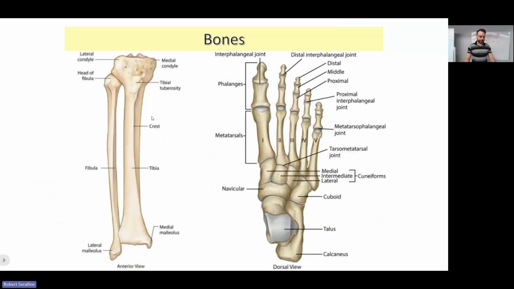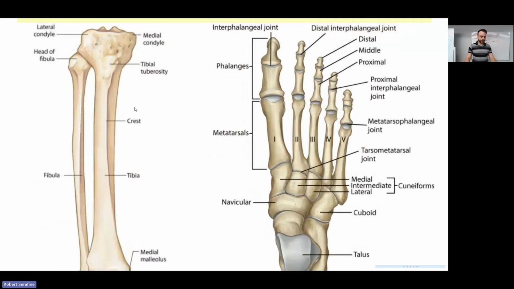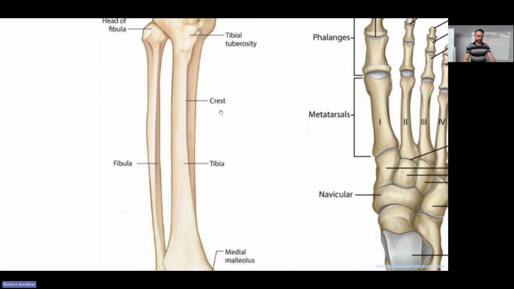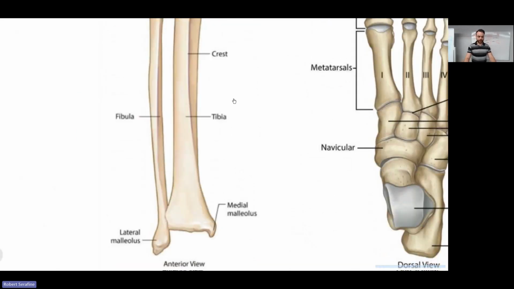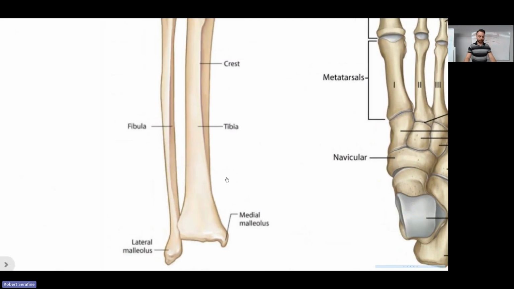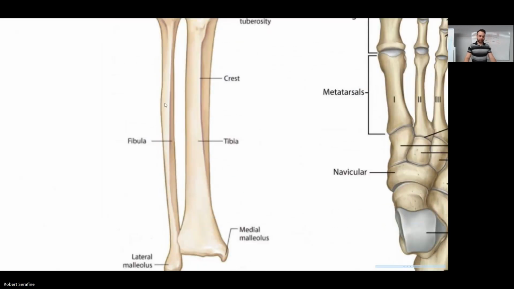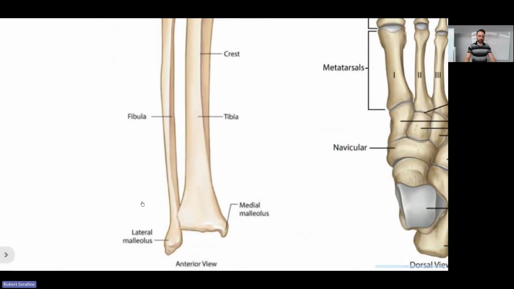Moving into the bones of the shin, here we have the medial and lateral condyles of the tibia, the tibial tuberosity. Yes, there's the crest there as well, along the shaft of the tibia, but I don't think it's that big of a deal. And then the medial malleolus here at the bottom. And then for our fibular landmarks, head, shaft, and the lateral malleolus.